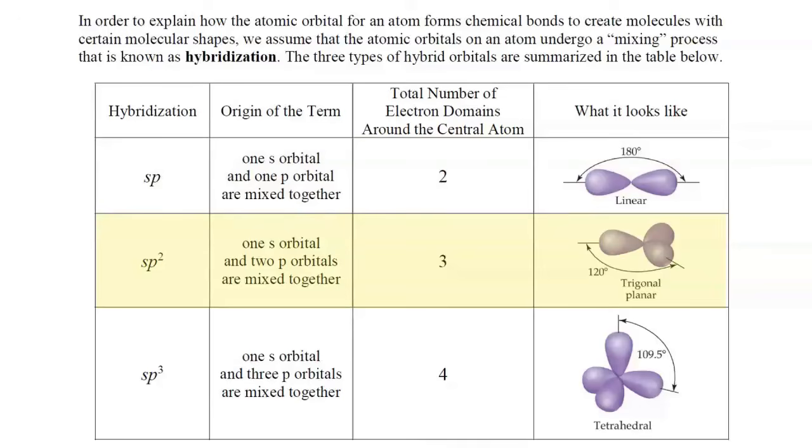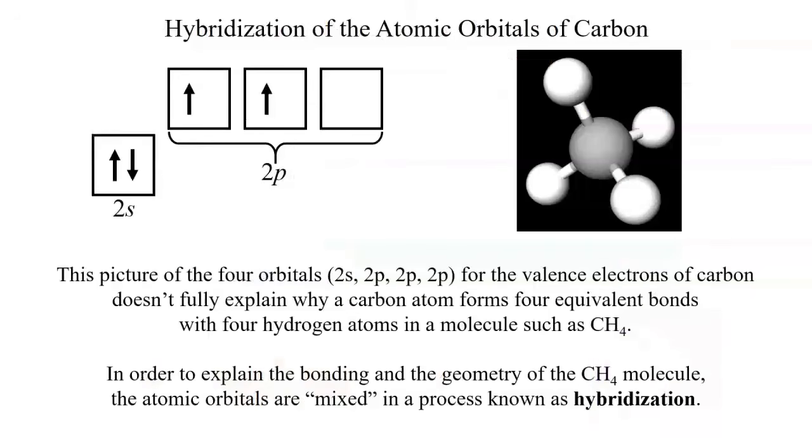That's a total of 3 electron domains that are arranged in a 120 degree arrangement, trigonal planar. And if the hybridization is known as sp3, one s orbital and 3 p orbitals are mixed together for 4 electron domains around the central atom with an arrangement of 109.5 degrees in a tetrahedral geometry.